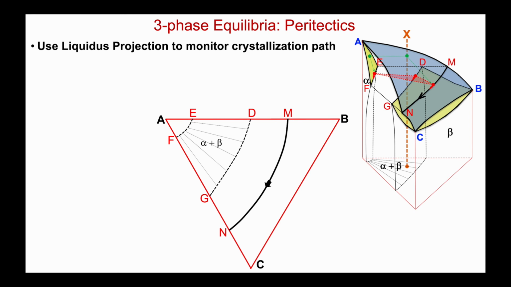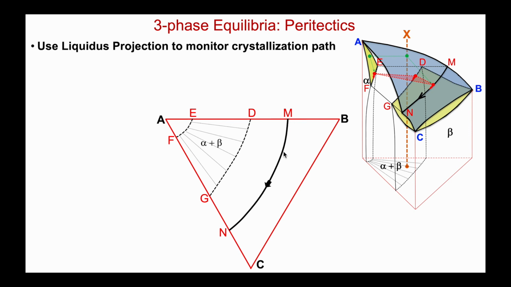Well, again, we could use a liquidus projection to monitor that crystallization path. Let's map the key features of the space diagram onto our basal triangle using the liquidus projection. So here's Mn, my peritectic, not quite a valley, but that was the movement of the train down the hillside, if you remember that.